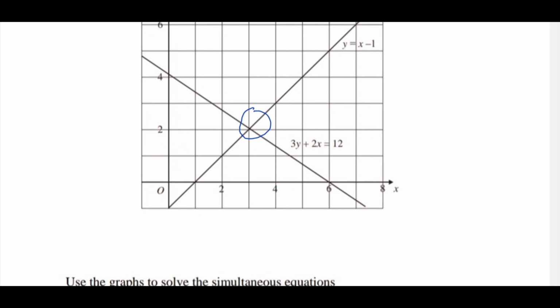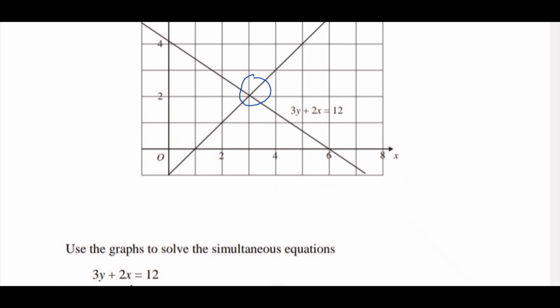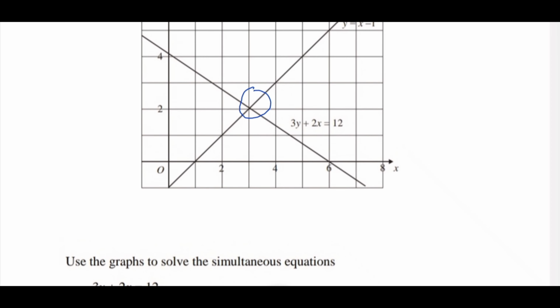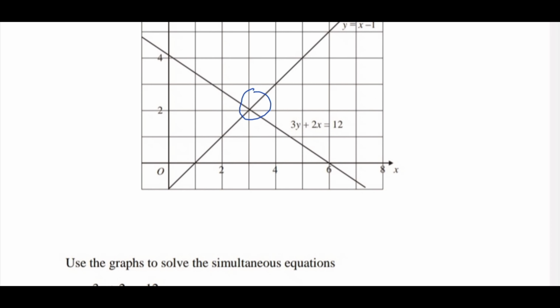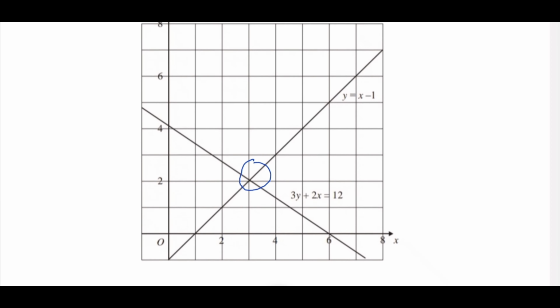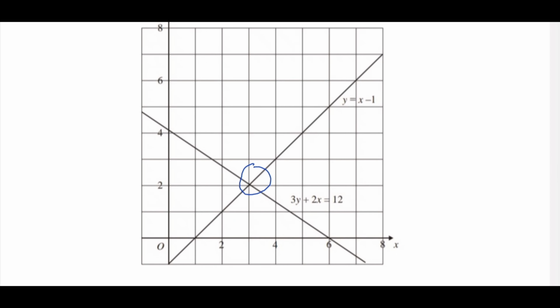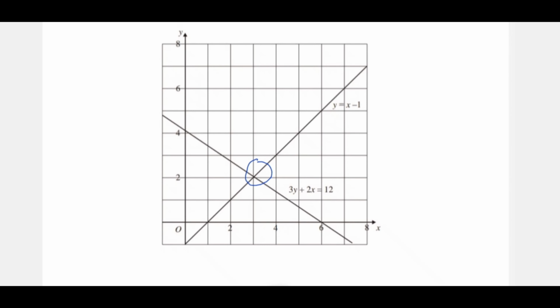We've already identified the point of intersection, and now it asks you to use the graphs to solve the simultaneous equations. So the method you use for this is simply count how far along the point is in terms of the x-axis and how far along it is in terms of the y-axis, and that will be the coordinates of the point of intersection.